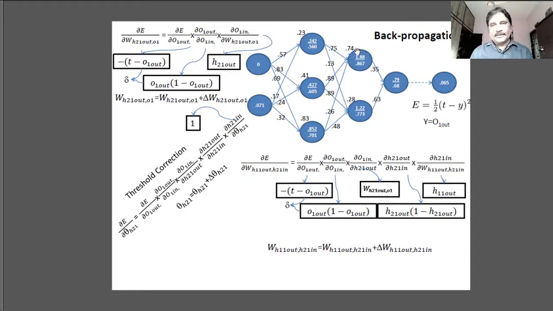Right, H21 in is here, and this weight. In what way are they related? They are related in the way H11 out multiplied by WH11 out to H21 in.